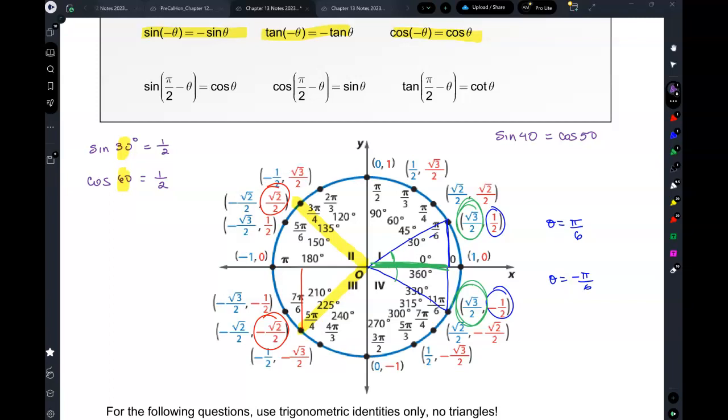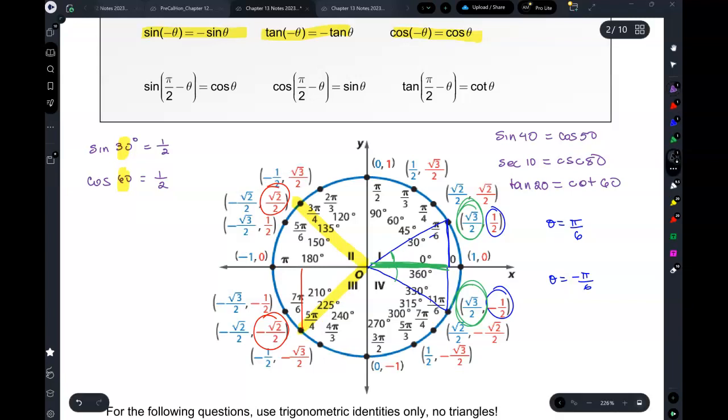Okay, so if I had secant of 10, what will that be the same as? Cosecant of 80, right? So if I had the tangent of 20, what will that be the same as? Cotangent of 70. Okay? So how do I get these other angles? I do 90 minus this, 90 minus this, 90 minus this.